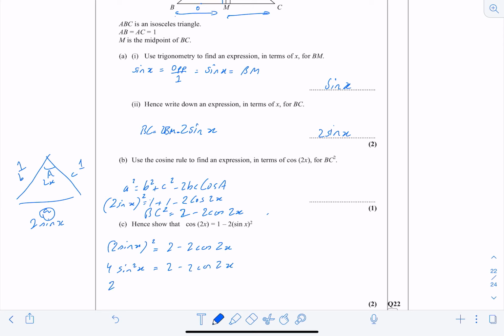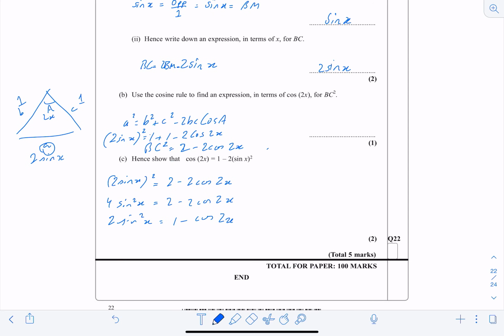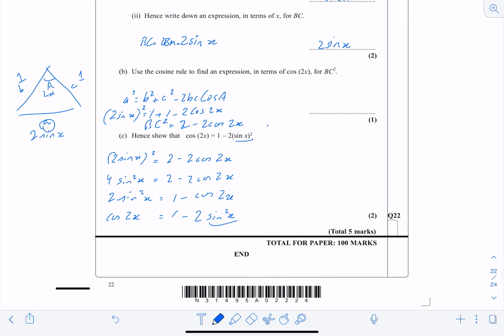Divide everything by 2 and we get 2 sine squared x equals 1 minus cosine 2x. Almost there. And rearrange that just a little bit, and we get cosine 2x equals 1 minus 2 sine squared x. Sine squared x is just sine x squared. Oh, done. Finished. I think it's all right. Might be. Probably. Potentially. Possibly.